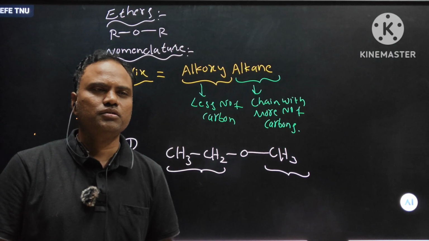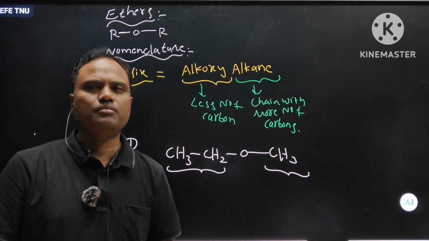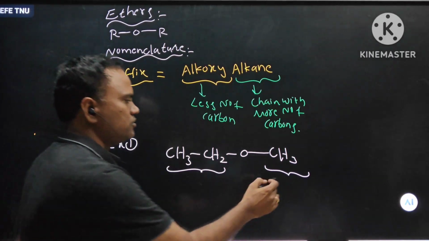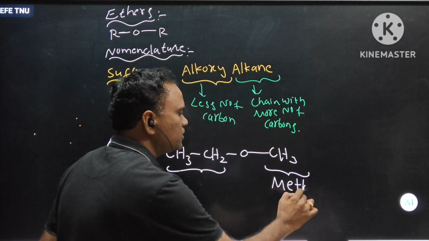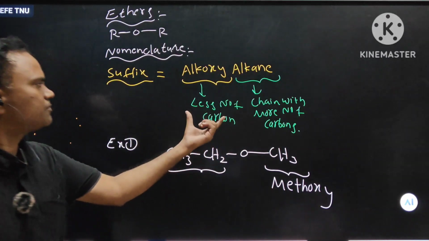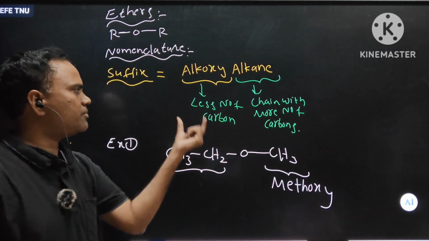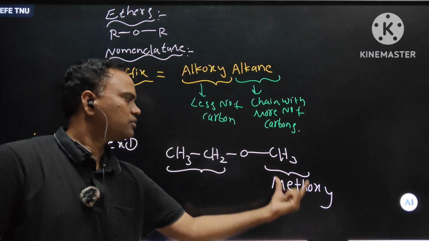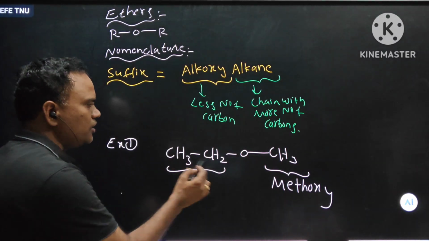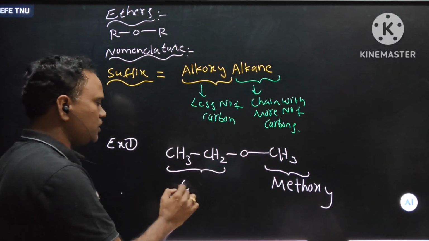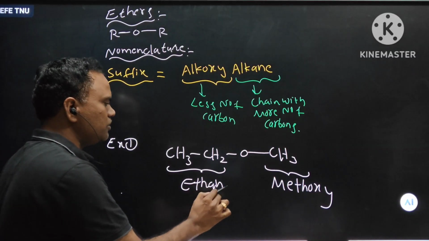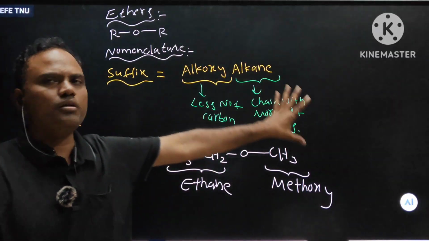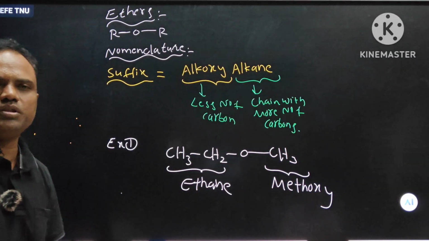Meth, eth, prop. So this part is methoxy, the chain with fewer carbons. Here more carbons are there: ethane. Now arrange in this format: methoxyethane.